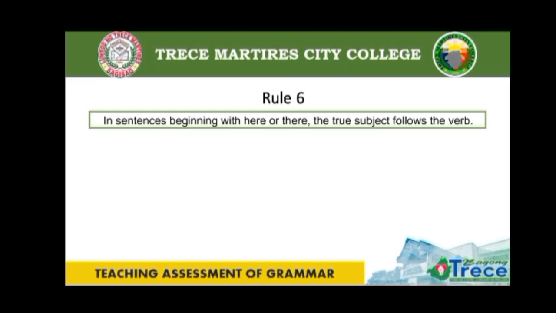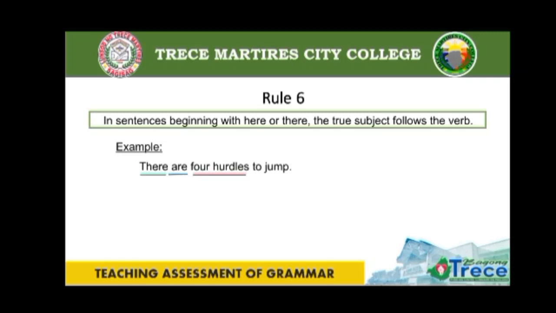So the verb comes before the subject. For example, there are four hurdles to jump. You can see the sentence starts with "there." Therefore, what follows is the verb, followed by the subject.